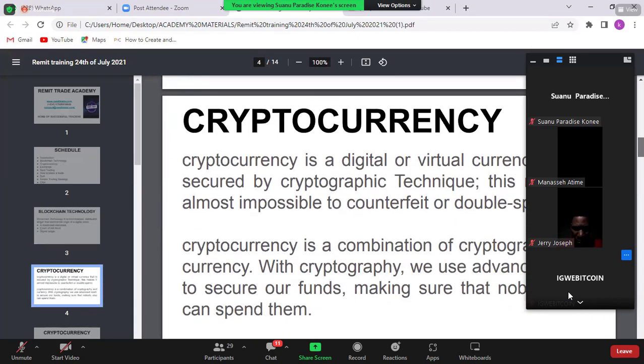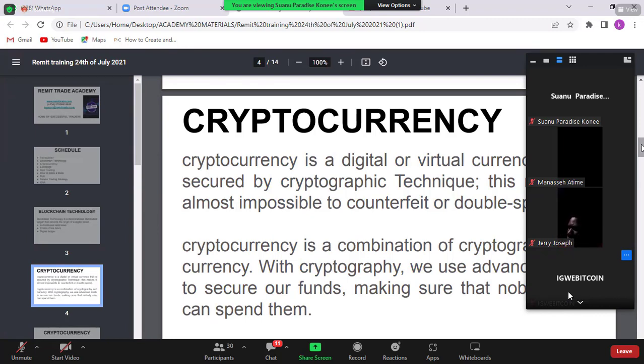Now, what are cryptocurrencies? Cryptocurrency is a digital or virtual currency that is secured by cryptographic technique. Now, you need to understand something again, that cryptocurrency, right, was coined from two words as well, cryptography and currency.